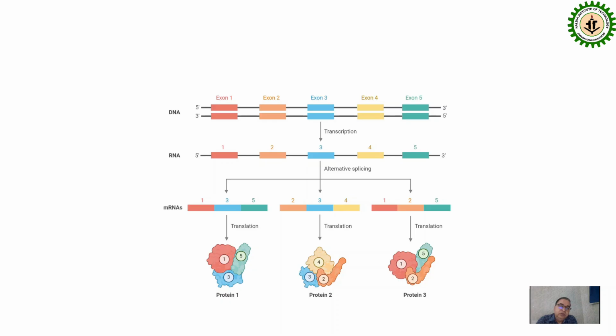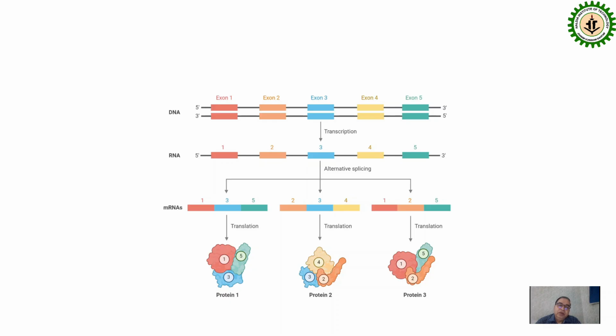All the introns would have been removed and exons 1, 2, 3, 4, 5 should have joined sequentially to make a protein. But here you can see alternative splicing has taken place. For example, exon 1, exon 3 and exon 5 make protein 1. That means exon 2 and exon 4 have been removed. So this is alternative splicing, where 2 exons have been skipped.